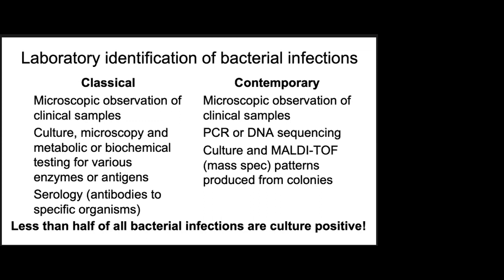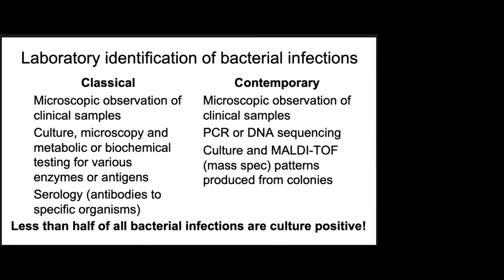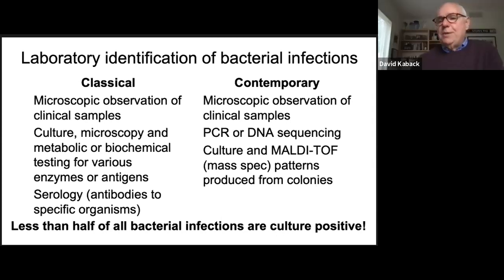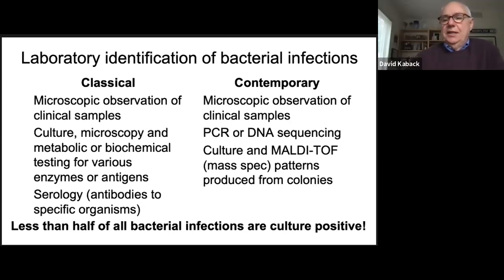And David, there's a question related to that. Can you repeat? Does culture positive refer to growth on a standard agar, or does this refer to all different growth mediums? Pretty much all different. Basically, when a sample is gotten in the clinic, it is routinely cultured on blood agar, chocolate agar, and a MacConkey plate, which basically selects for gram-negative bacteria.